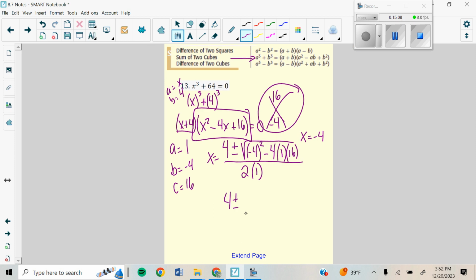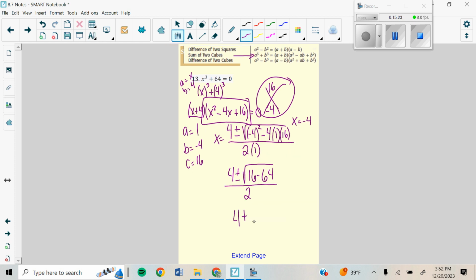We get 4 plus or minus, then underneath my radicals, negative 4 squared is 16 minus 64, all over 2. So when it subtracts in there, we get 4 plus or minus the square root of negative 48 all over 2. Now we can go ahead and simplify this. We can pull the i out, and 48 is 16 and 3.